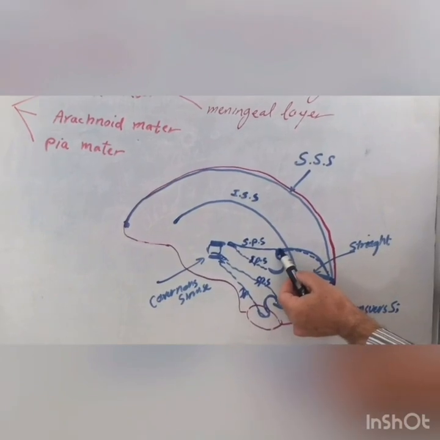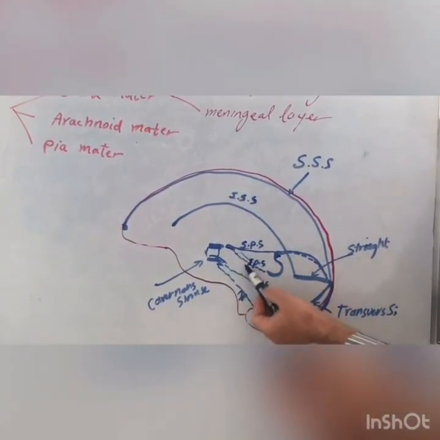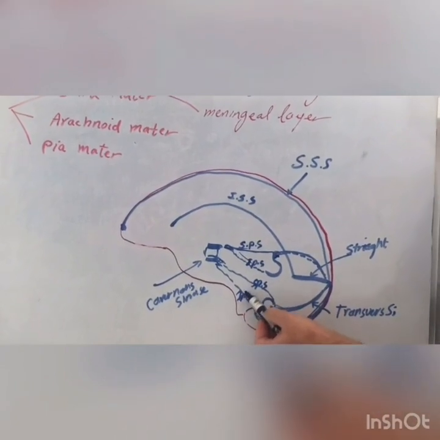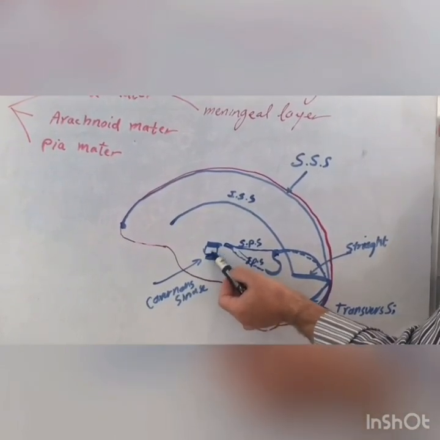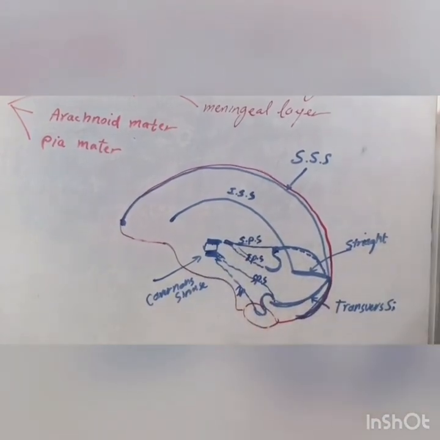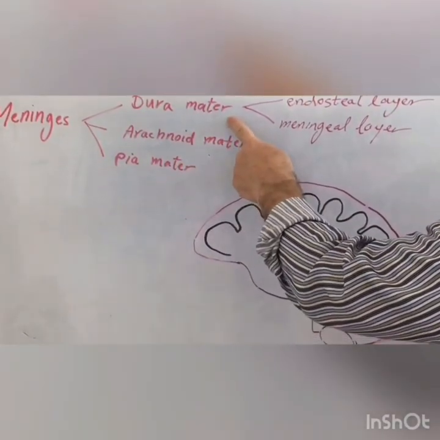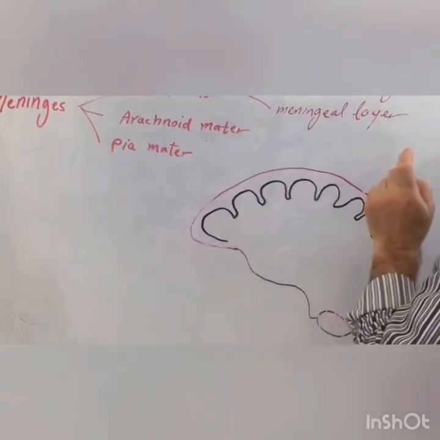From the upper border, superior petrosal sinus and inferior petrosal sinus, and the same thing here. They extend anteriorly until reaching the region we call the cavernous sinus. Now, if we finish the dura mater, I'm going to discuss the arachnoid and pia mater.